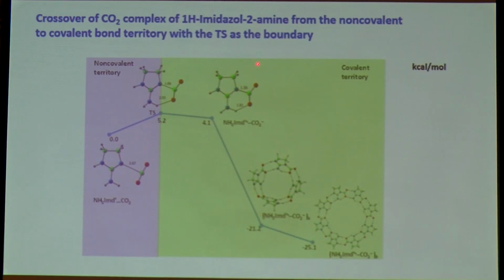And because of the bond stretch isomers, this one against this one, we also can get a transition state for that. And with this, we can also describe the non-covalent to covalent bond territory. This transition state is the boundary line. So this is through a non-covalent complex formation and then cluster formation leading to the maximum stable complex like that.